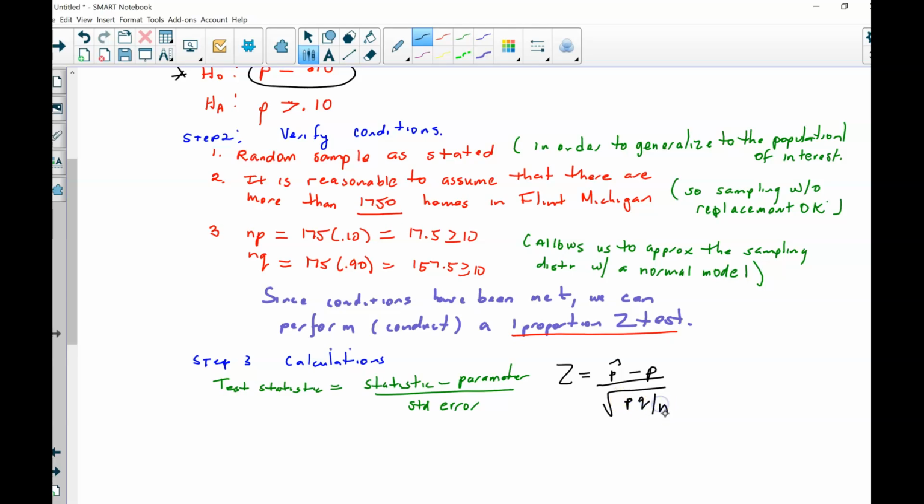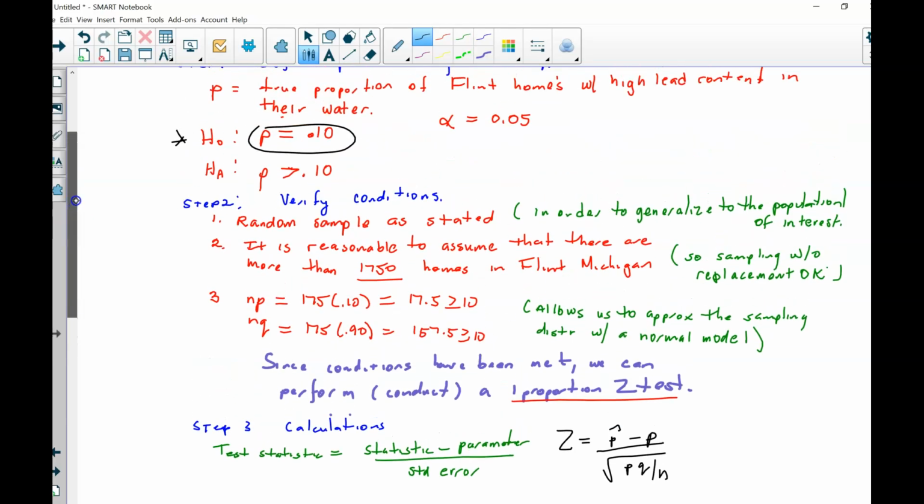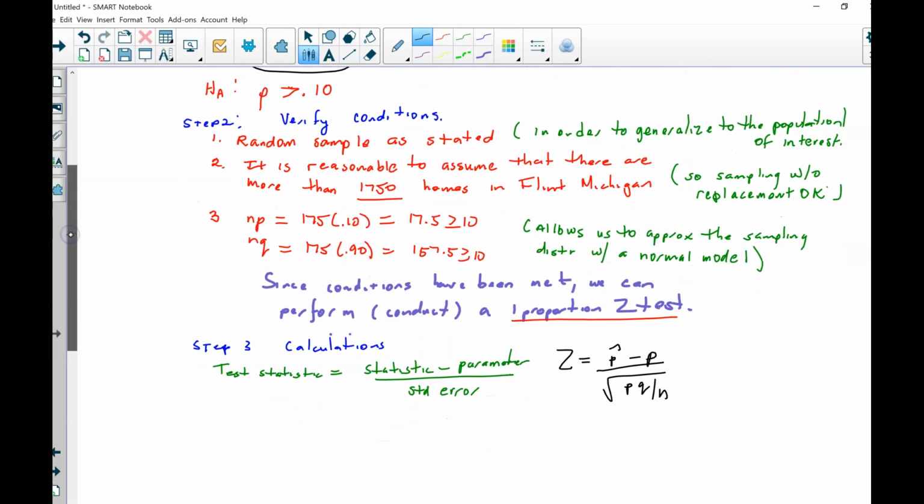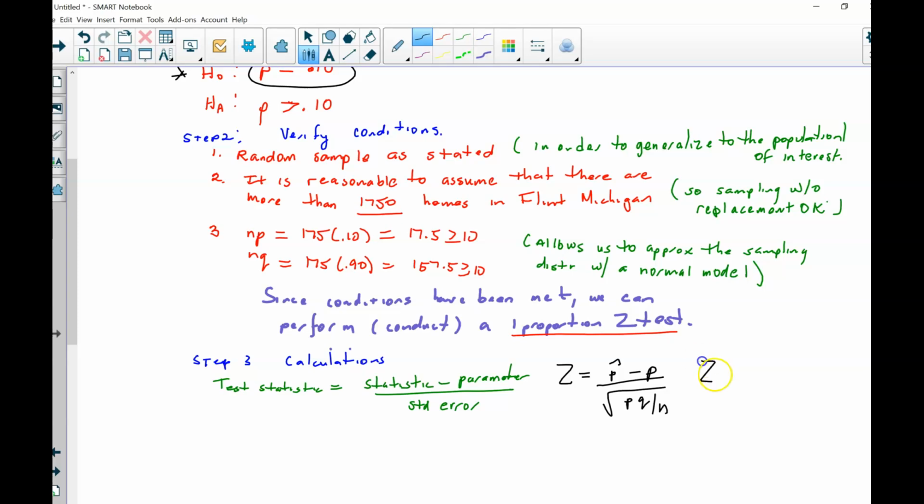Why do we use the parameter? Because it's defined again in our null hypothesis. So specifically, we would fill in 0.27, the test statistic, minus 0.10, our parameter as defined in our null hypothesis.